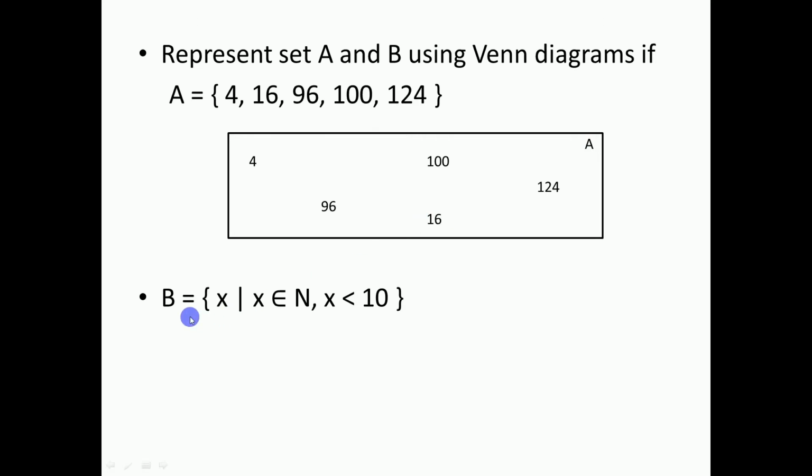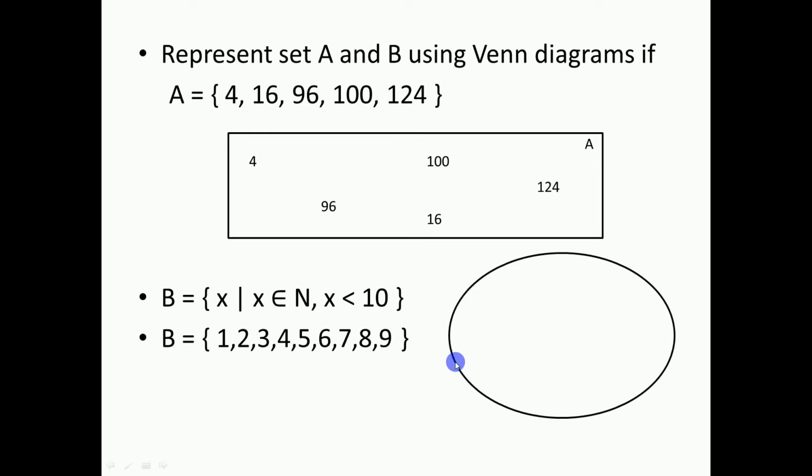Now the next set is B, having a variable x such that x belongs to natural numbers and x is less than 10. Since x is a natural number less than 10, the elements will be 1, 2, 3, 4, 5, 6, 7, 8, 9, right? Now we are going to represent this set in a closed figure, that is a Venn diagram.